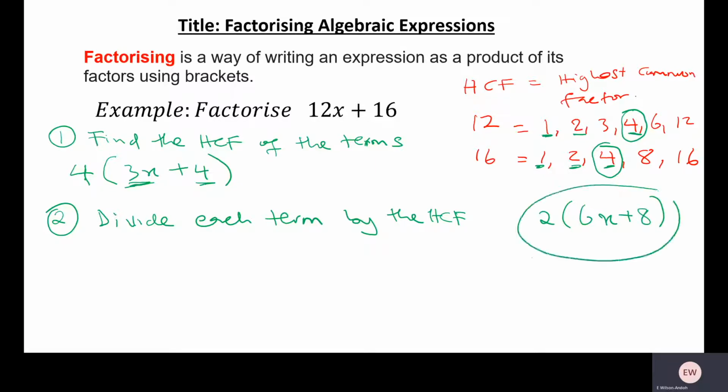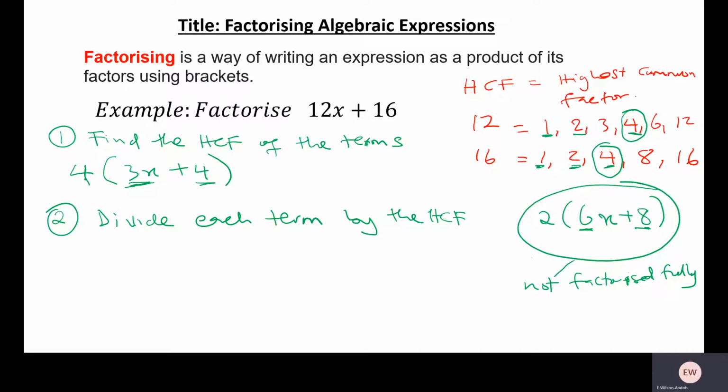Now you have factorized this, but this one is not factorized fully. And when they ask you to factorize, they expect you to factorize fully. If you check what you have in the bracket, 6 and 8, these have a common factor, which is 2. So it tells you that this one is not factorized fully.